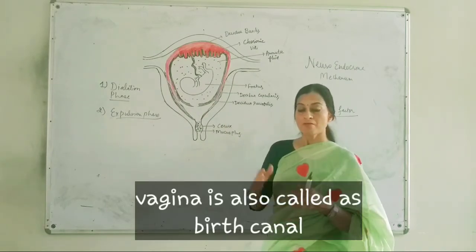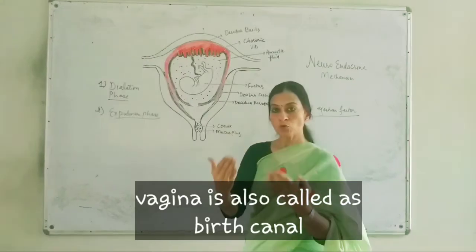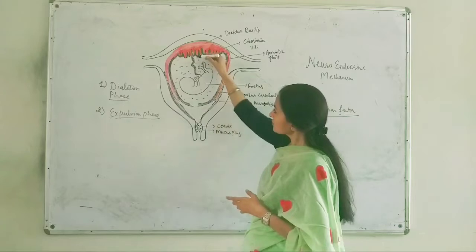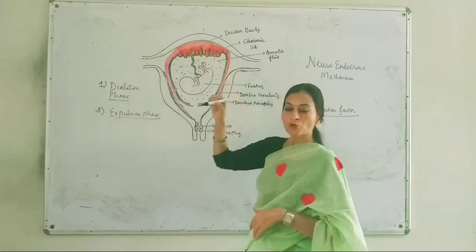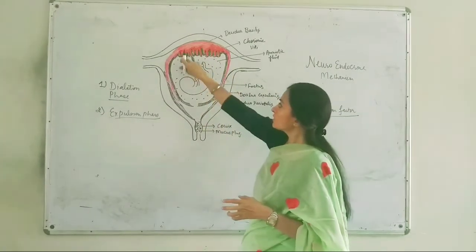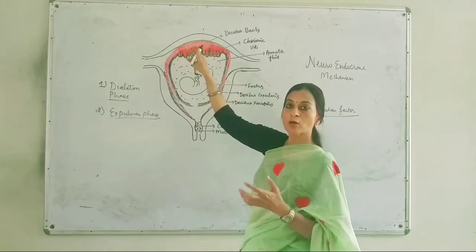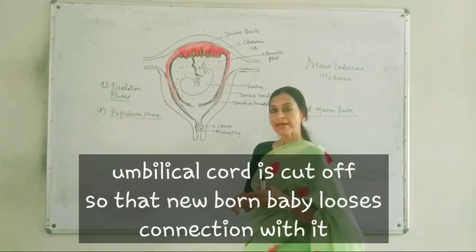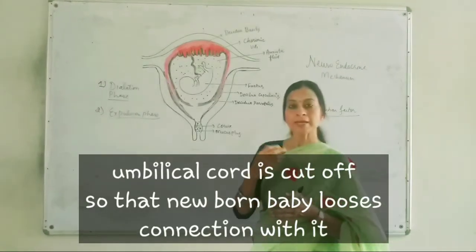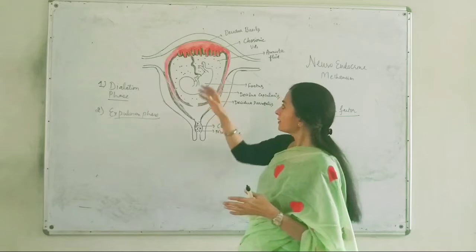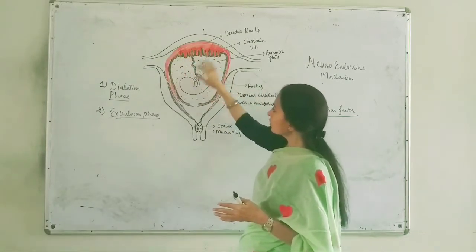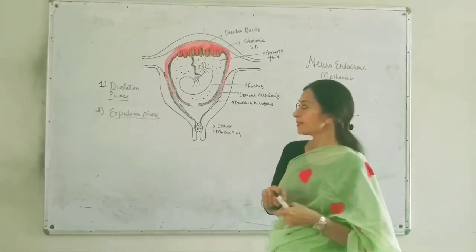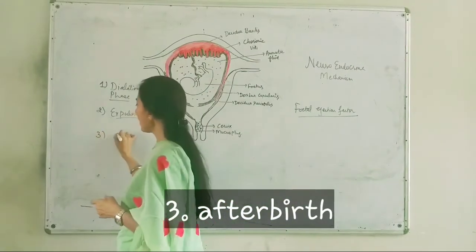When the fetus is expelled forcefully, the umbilical cord, which connects it to the uterine wall, the decidua or placenta, will be cut off so that the blood supply can be stopped. The third part is after birth.